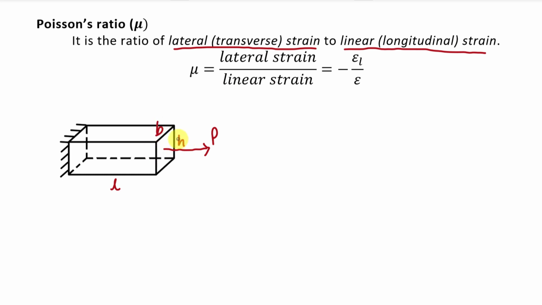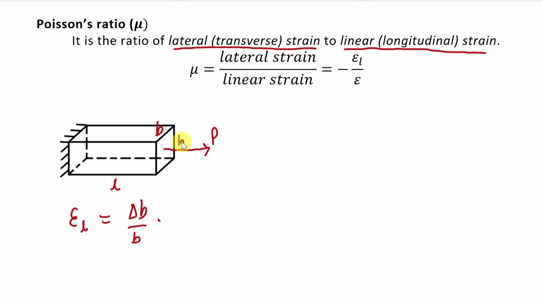Now what is lateral strain here? Strain along the lateral direction of the body is taken as lateral strain, right? So what will be lateral strain? Lateral strain, let's say epsilon L, will be change in width, that is delta B divided by B, right?